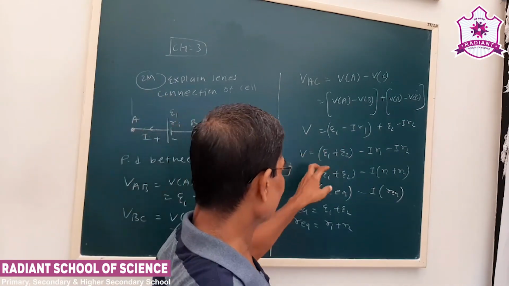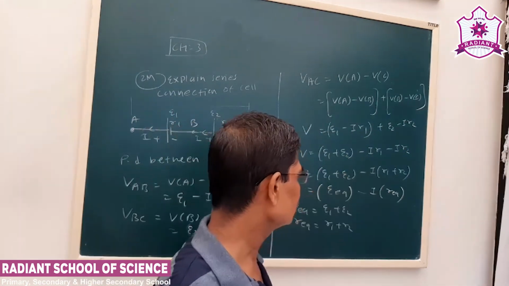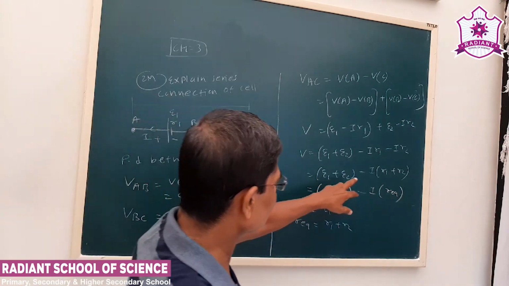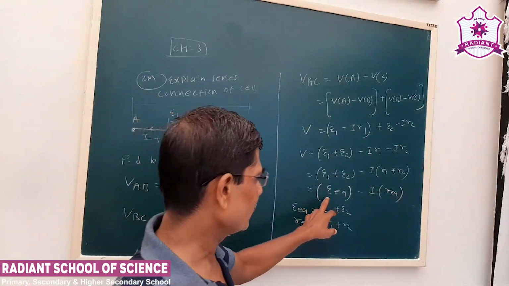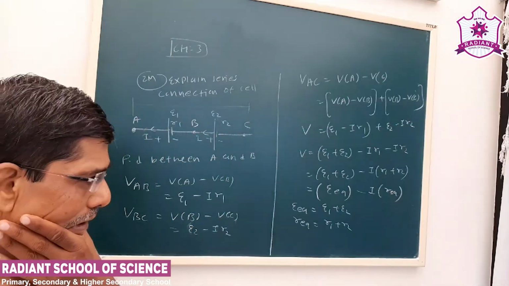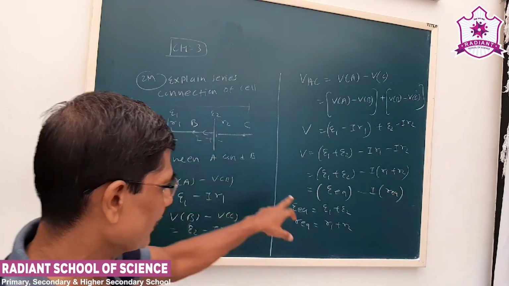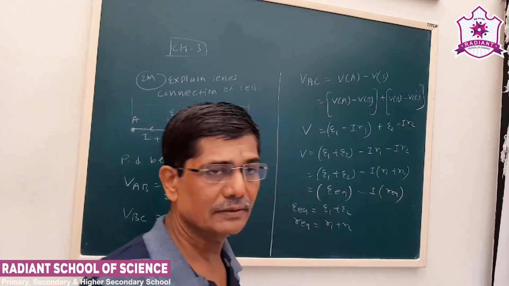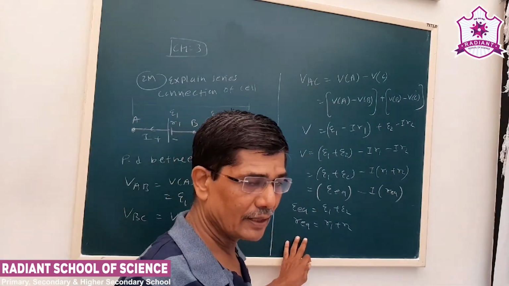If we rearrange, taking E1 and E2 together and the terms with I together, we get E1 plus E2 minus I, which is common, times R1 plus R2. That is E equivalent minus I R equivalent. So the equivalent EMF of the series connection of the cells is E1 plus E2, and R equivalent will be R1 plus R2.